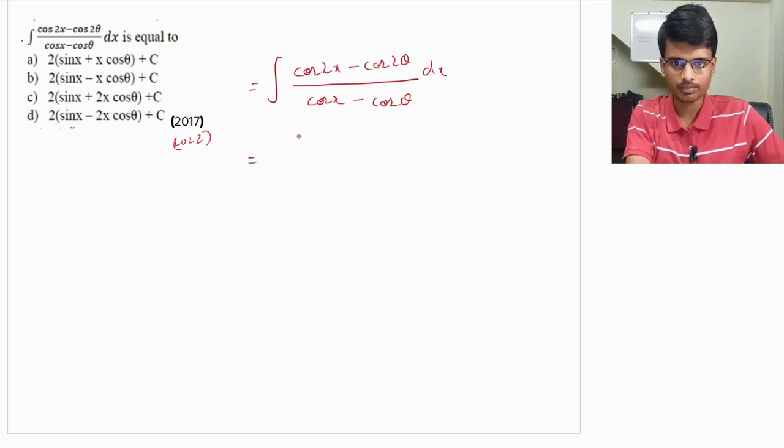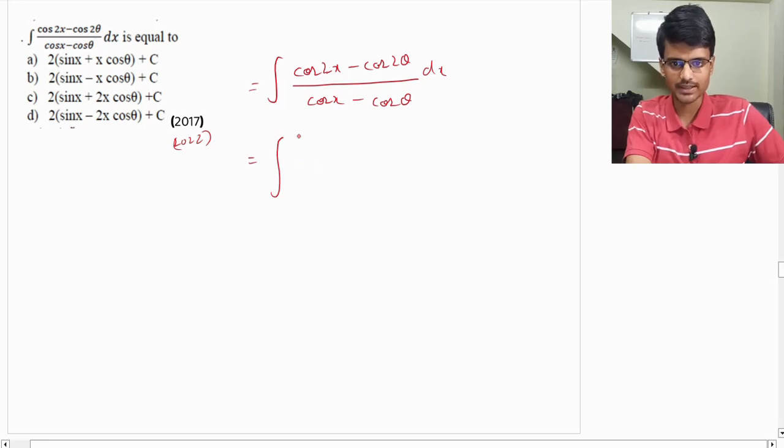Okay, I can write cos 2x as 1 plus... no, I cannot write it. Okay, there is some trick here. Okay, I can write cos 2x as 2 cos square x minus 1.